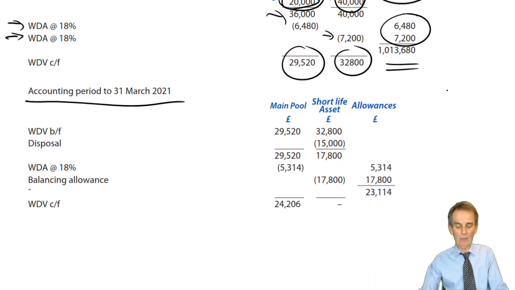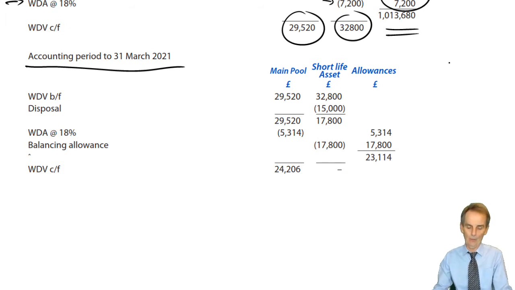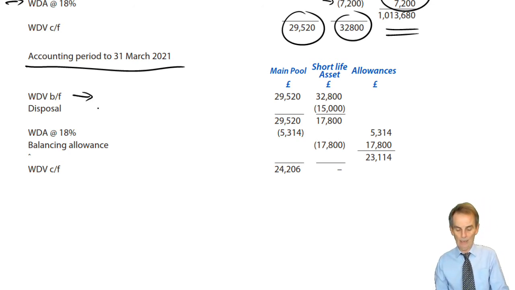And when we go into the next period, we don't have to wait long, of course, for this short life asset to live up to its name and to be sold, because in that next period, bring forward our tax written down values, no further additions, but we do have the disposal of the photocopier for sale proceeds of 15,000.